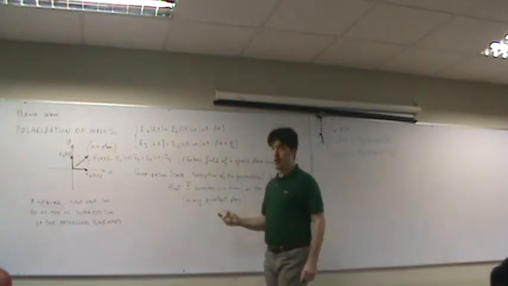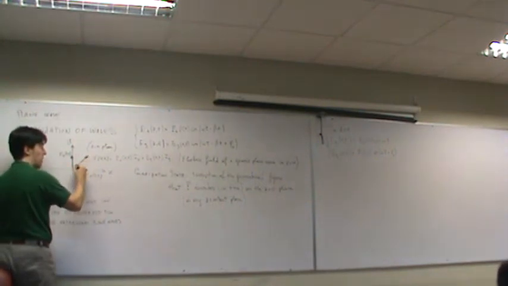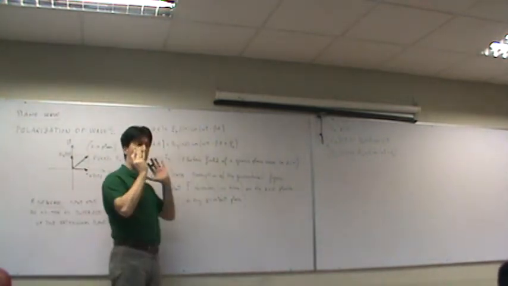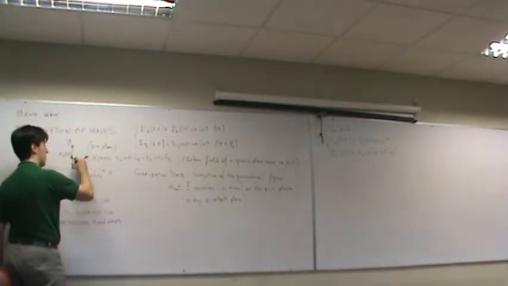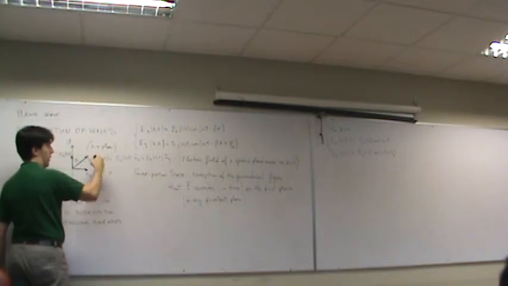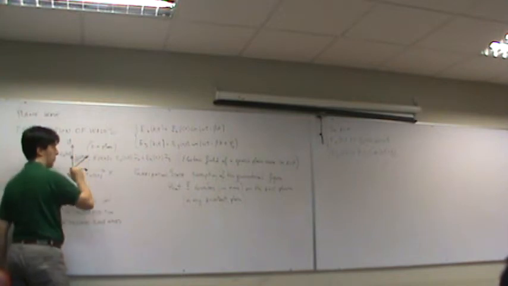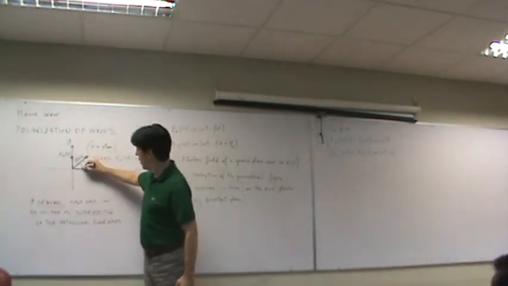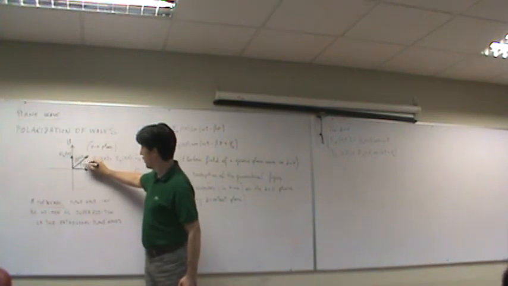We need to know two things. First, what is the length of this vector? That is, the absolute value of the vector as a function of time. And we need to know the orientation of the vector.